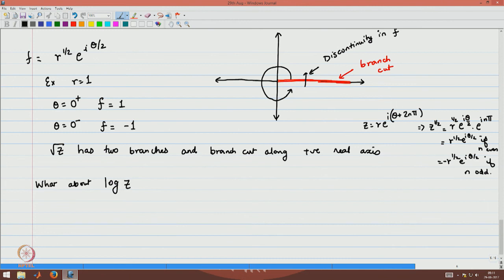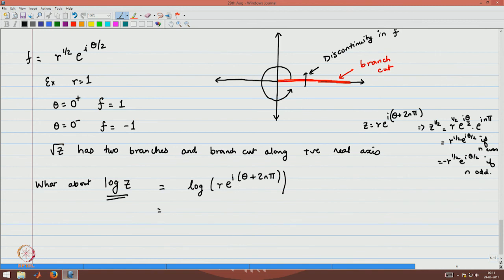Okay. Now what about log z? Okay, and this is something that will get really interesting. So we do the same thing, we take log z as log of r e to the I, and now we will write it as theta plus 2 n pi. Okay.